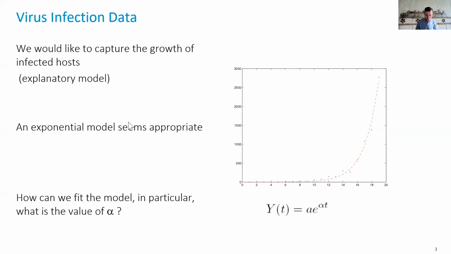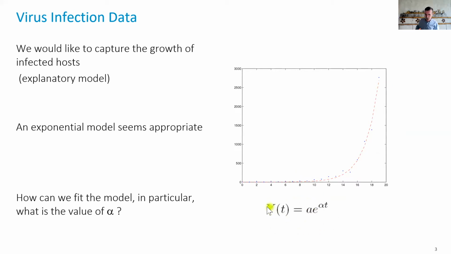Assume you want to control this growth, and you want to capture, for example, the rate of growth. So how can you do that? Well, the first thing is you propose an explanatory model. Explanatory in the sense of data analysis, not in the sense of the biology or the computer hacking problem here.